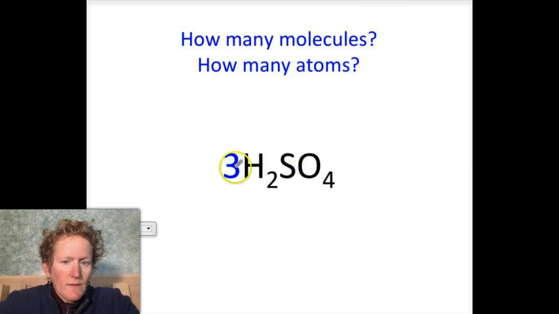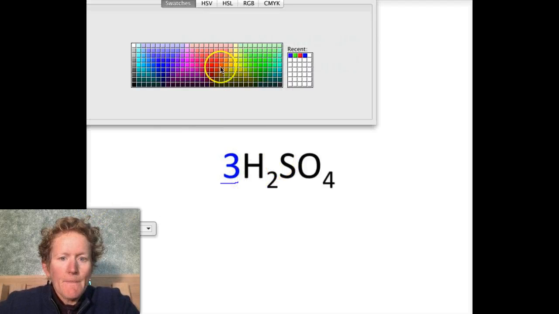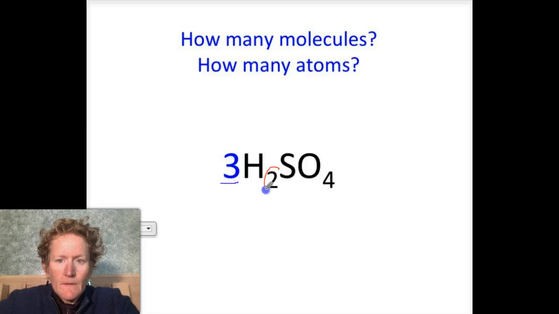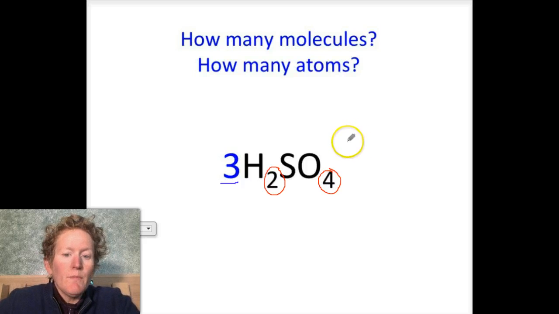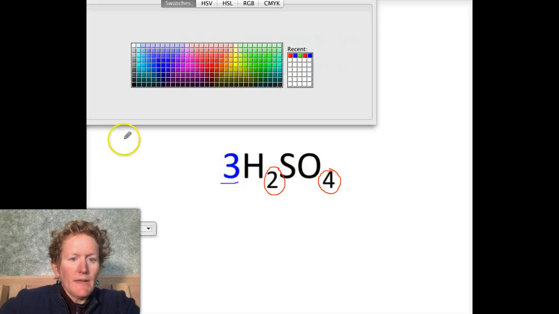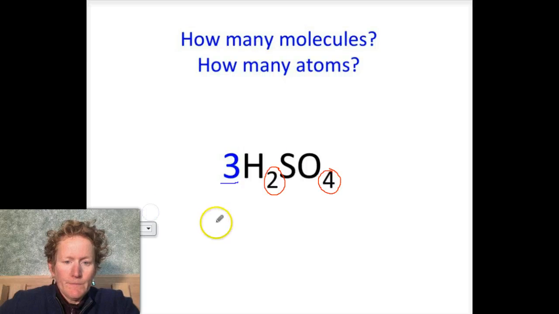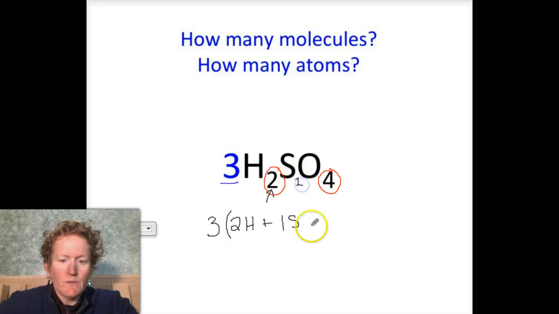So if we take the coefficient and the subscripts together, we can figure out how many atoms we have in this particular case. In this case, we have to multiply. We have to use the distributive property. We know that we have 2 hydrogens because we have a subscript 2 right here. We know we have 1 sulfur because there's no subscript, so we can just imagine a 1.